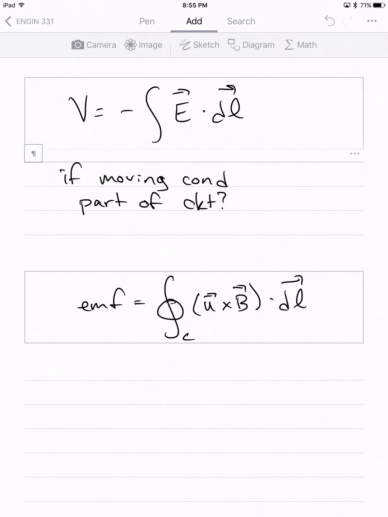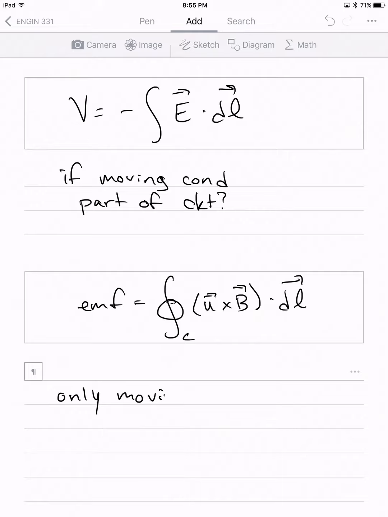Here's the thing though, if some parts of the circuit are moving and other parts are not moving, only moving parts contribute to EMF, because other parts have zero velocity, so this cross product becomes nothing.